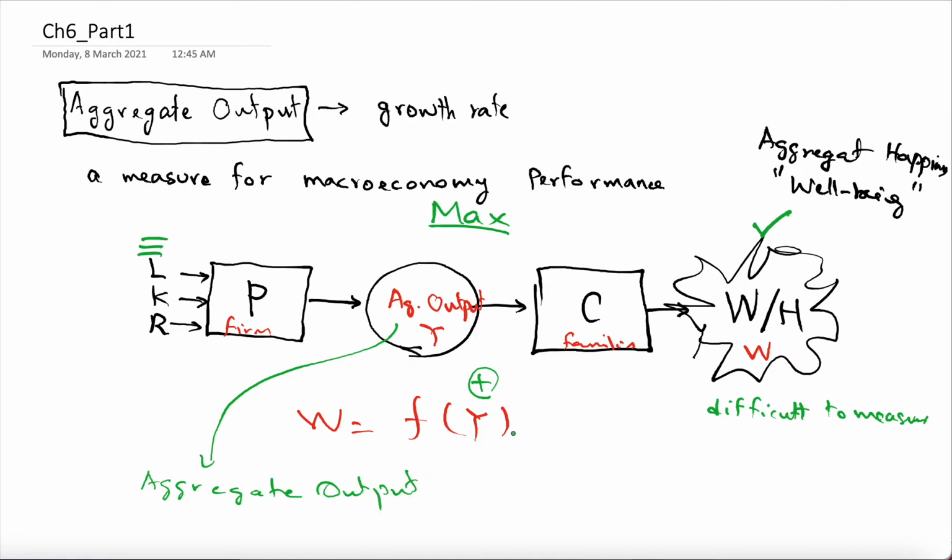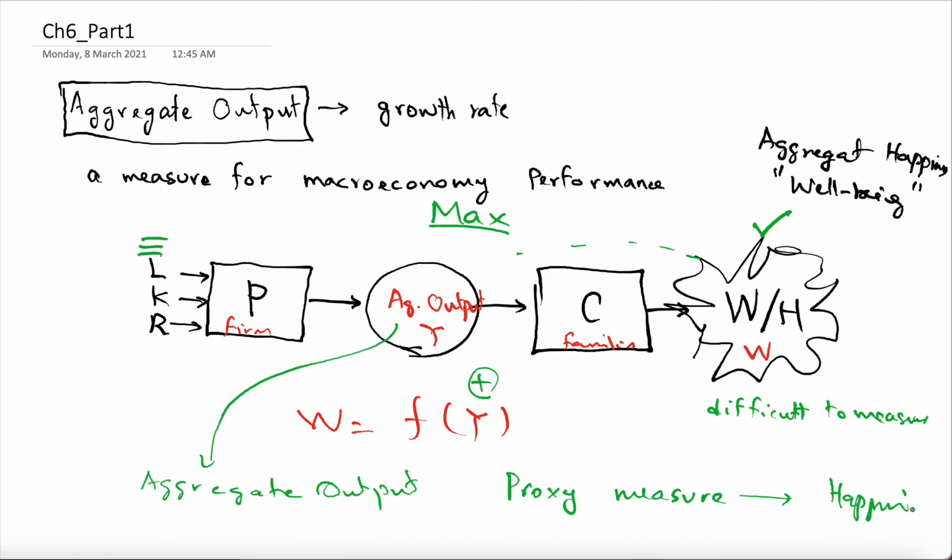So it's showing the size of the performance. The higher the output, most probably will lead to higher happiness as well. So this is just a proxy measure for happiness.